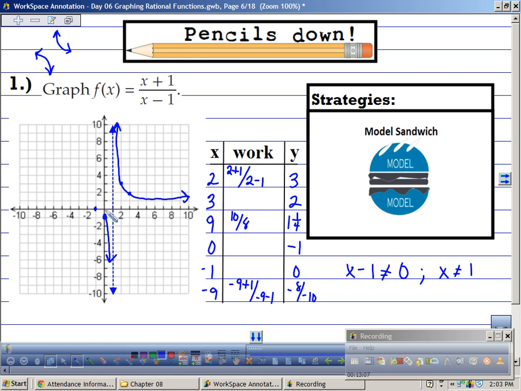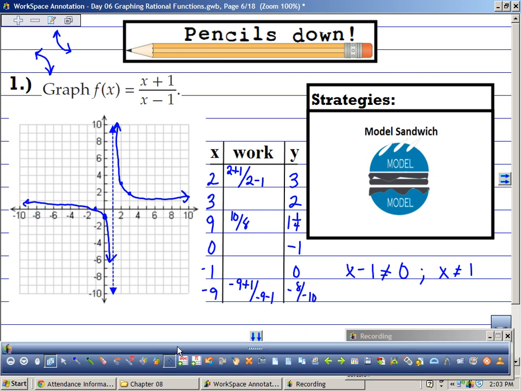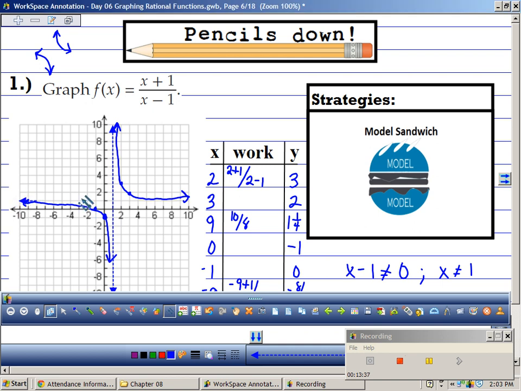So if I put in -9, I would get 4 over 5, which is not quite 1. What do you see happening here? If we go all the way out here, we're not quite to 1, but if we're going in the direction, we're not quite to 1 on this one. I don't think it's ever going to hit 1. Therefore, you probably have a vertical asymptote right there. See that?